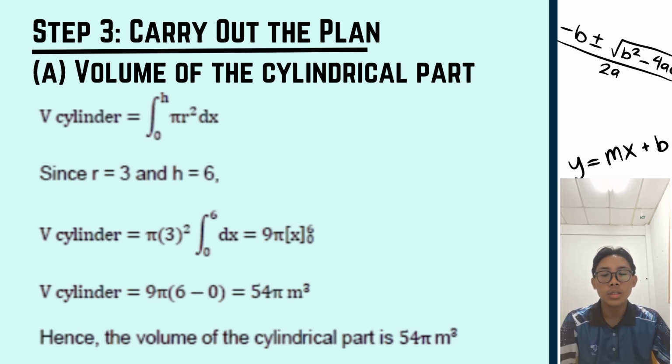And since the radius is 3 meters, we can substitute it, and after substituting, we need to integrate 9 pi dx, with limits 0 to 6. And after integrating, we get that the volume of the cylinder is 54 pi cubic meters.